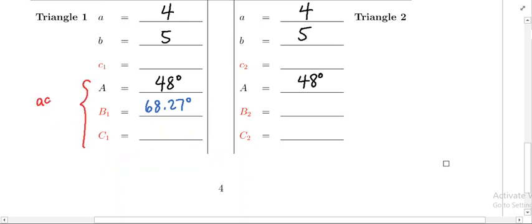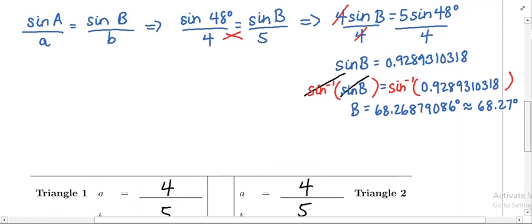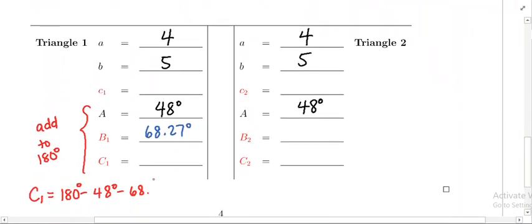These angles need to add to 180 degrees, so we can go ahead and find the measure of angle C here. We're going to take 180, subtract 48 degrees, and subtract 68.27. Well, let's see here. We probably should keep all the digits in case we need to use it to compute length C. So I'm going to just put 68 point dot dot dot.